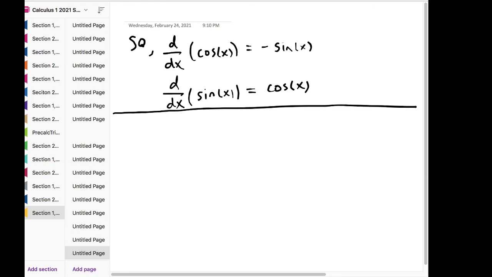Let's do d dx of cosine sine. Okay, what rule do we have to use here?